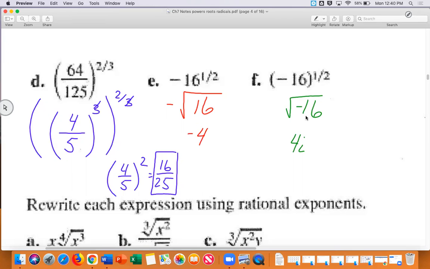Jake, wait, how did you get that through on D? How did you get the 3? 64 is 4 cubed. Yeah. 5 cubed is 125. Yeah. So 64 over 125 is the same thing as saying 4/5 cubed. It's the same thing? Same thing. Oh. So we wrote 64 over 125 is 4/5 cubed.